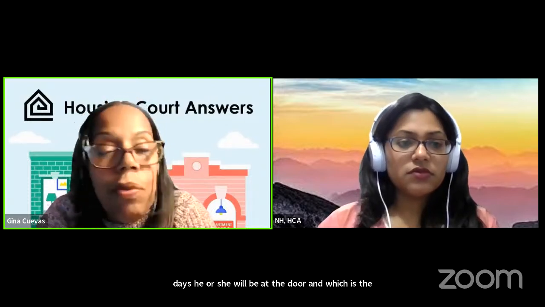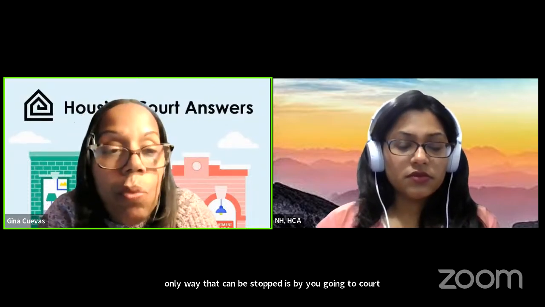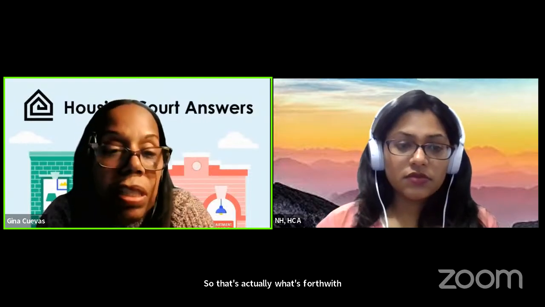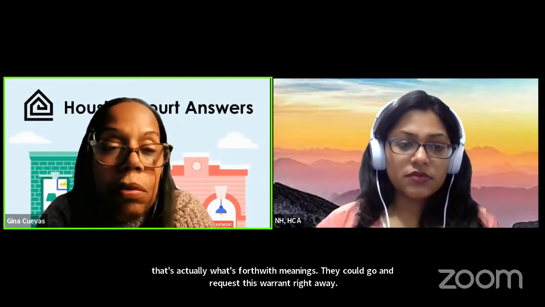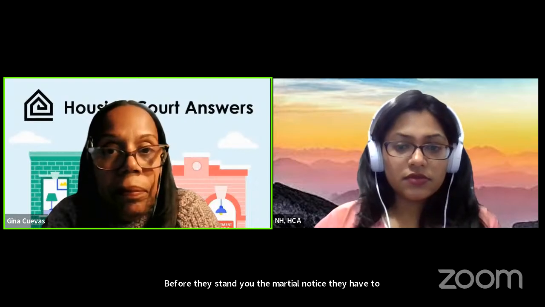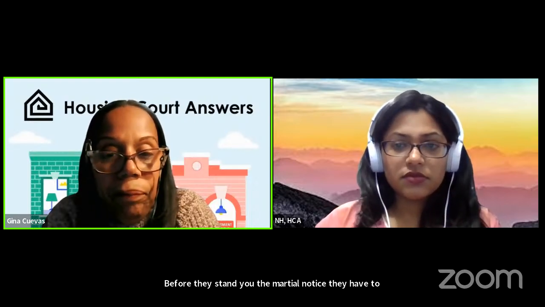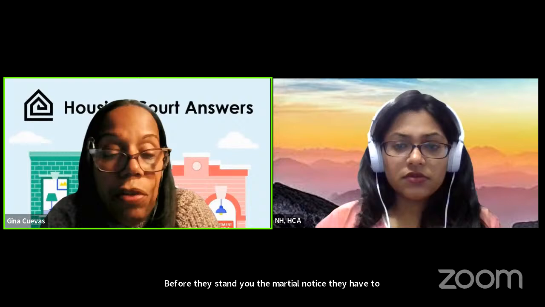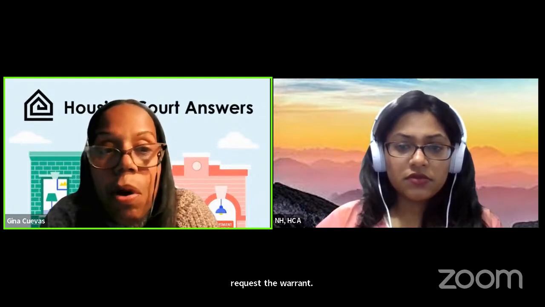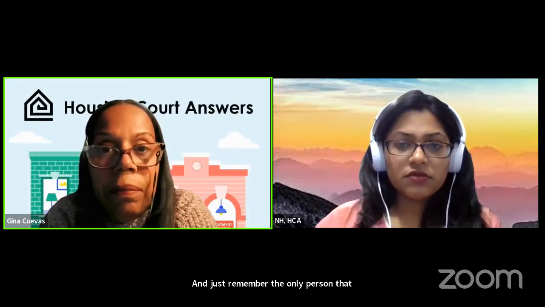So forthwith means they could request this warrant right away. Before they send you the marshal notice, they have to request the warrant. And just remember, the only person that can evict you is the marshal, not the landlord's attorney.